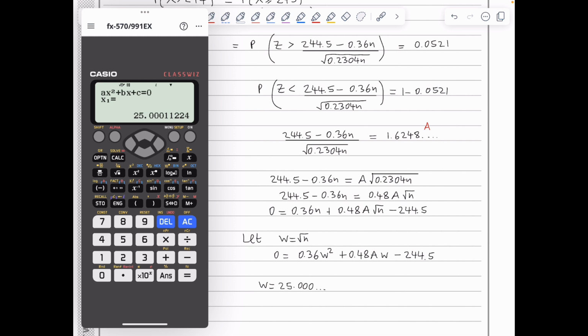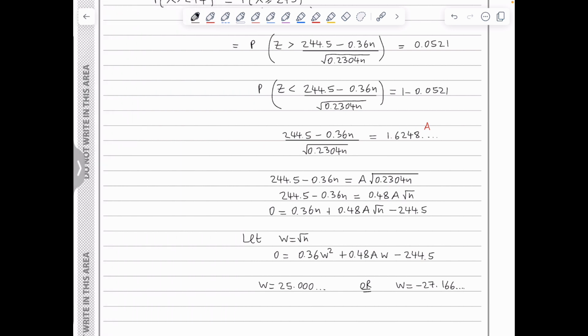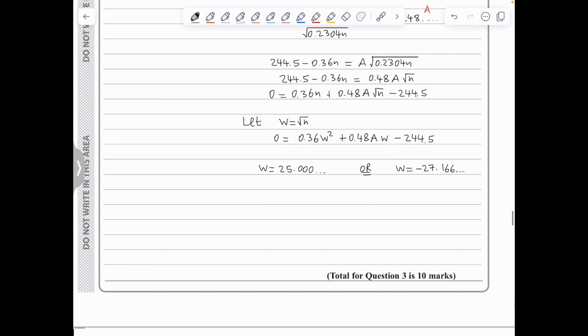So we get one solution for w to be 25.000... and the other is minus 27.166. So that's the second solution. So w is 25.000 or w is minus 27.166. Remember that w is simply the root of n, so I can write here root n is 25.000 or root n is minus 27.166.